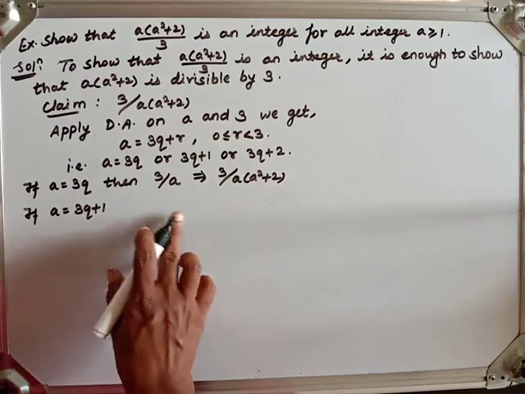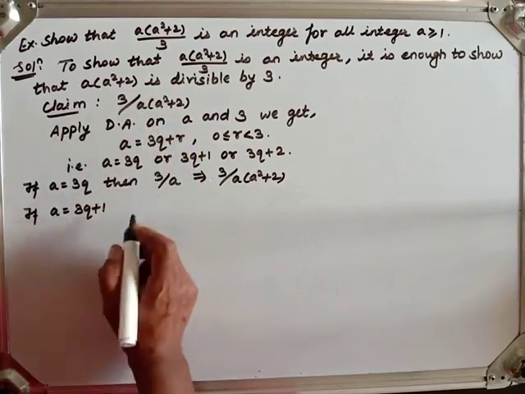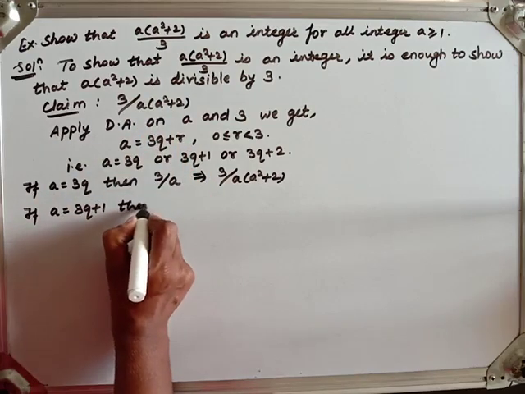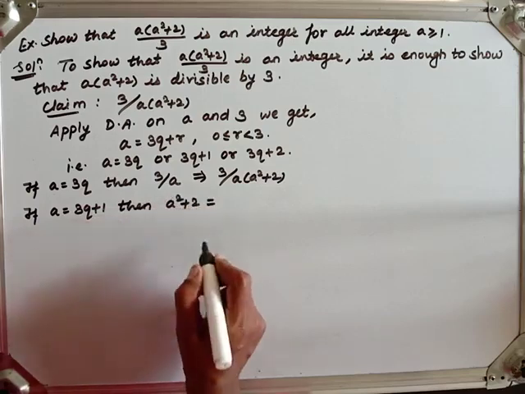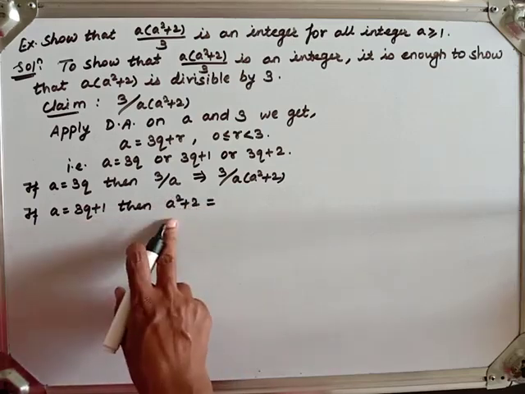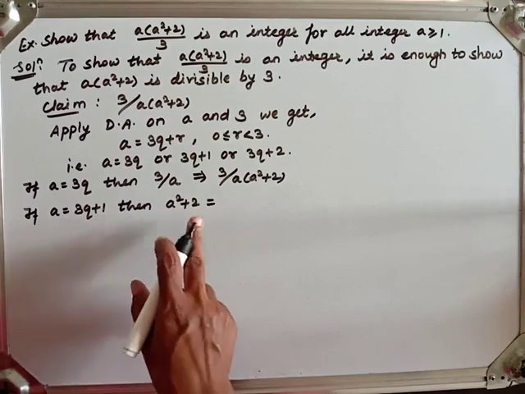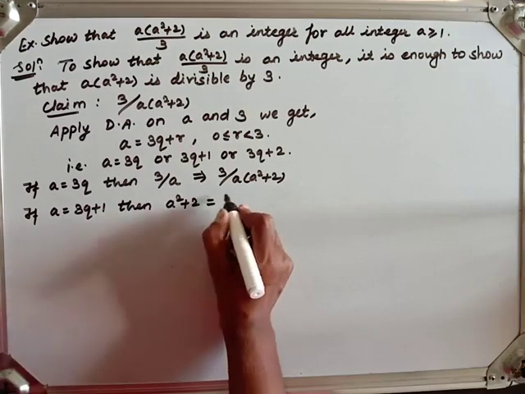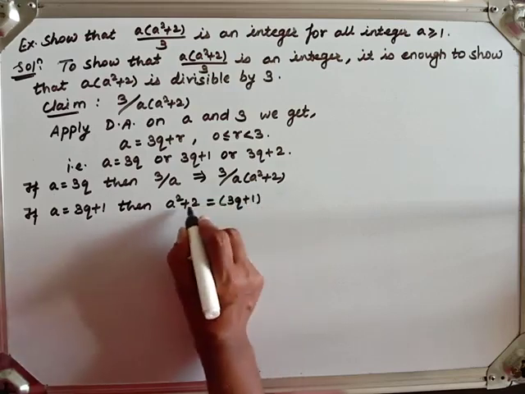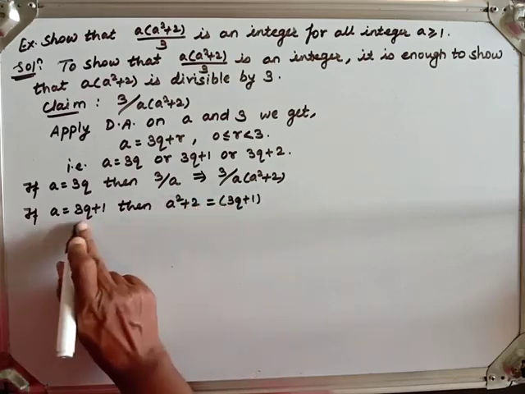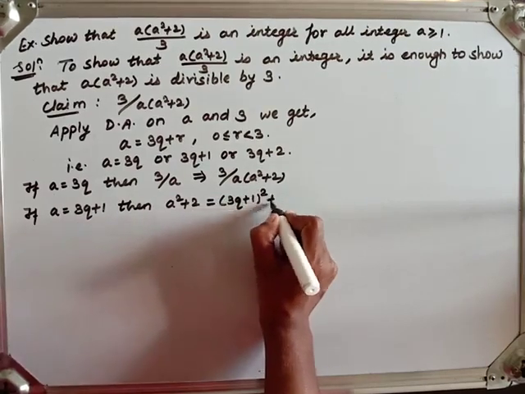Now if a is equal to 3q plus 1, then it is not possible that 3 divides a. So let us take a square plus 2, the other term. Let us check. If it is a multiple of 3, then we can say 3 divides that one. If not, then we will stop there. We cannot say further. Fine. Now a square plus 2 means 3q plus 1 whole square plus 2.